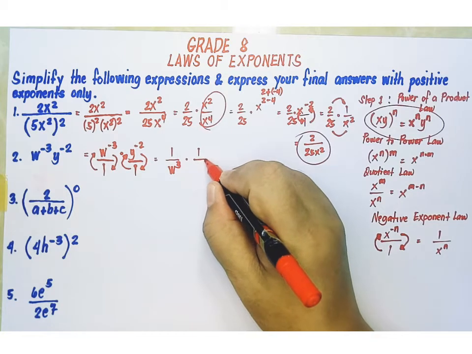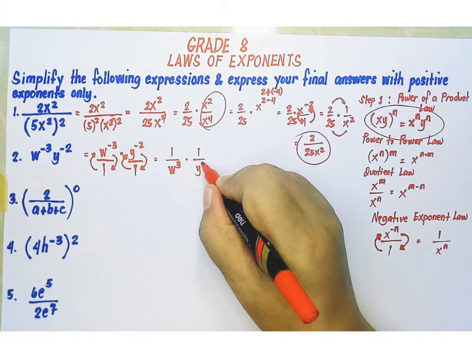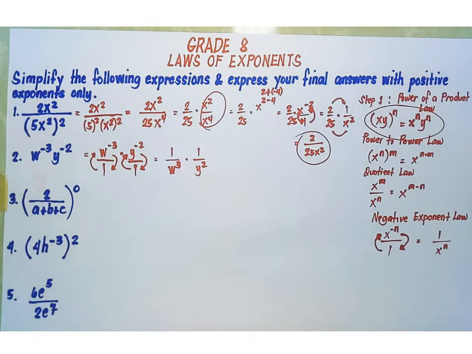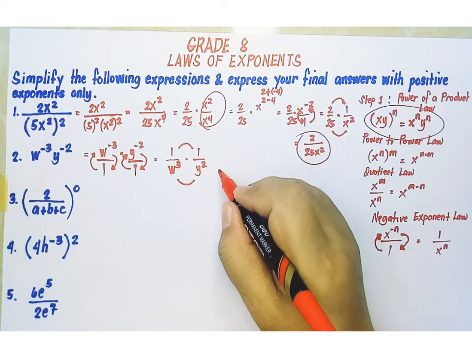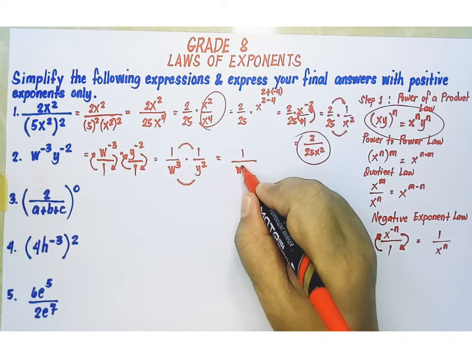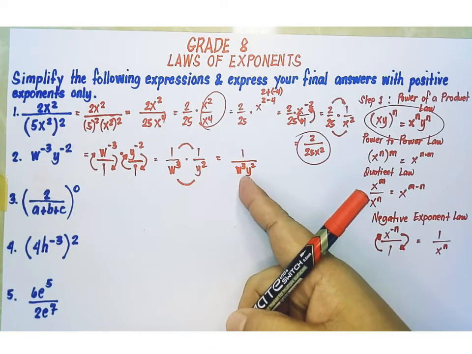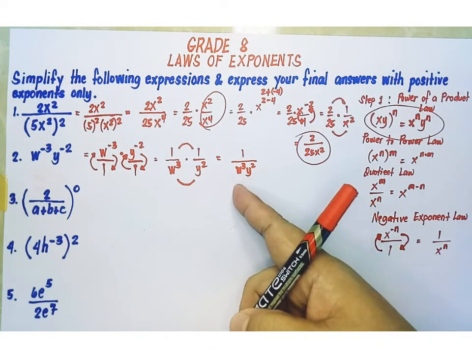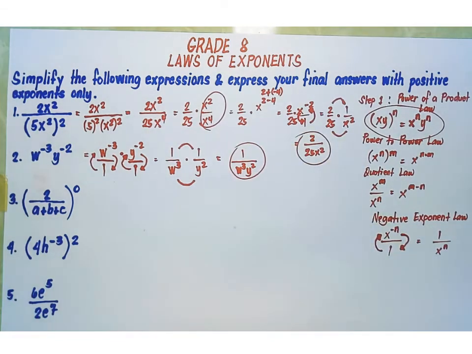Your numerator becomes 1 and your denominator becomes the exponential term with, this time, its exponent positive. Okay? Elementary ulit, numerator times numerator, denominator times denominator. Our final answer is 1 over w cubed y squared. So it's okay to write the two exponential terms side by side when you multiply them. This is our final answer for number 2.